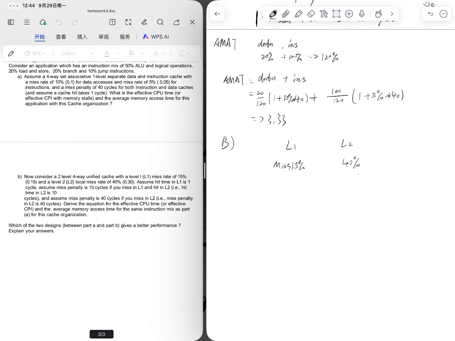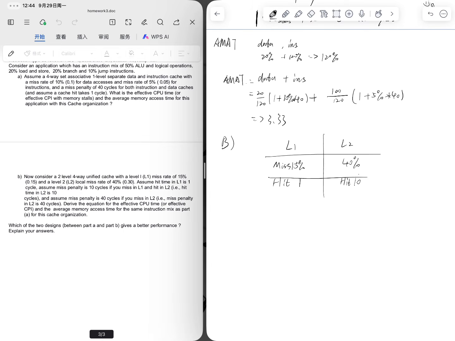The hit time in L1 is 1 cycle, and the hit is 10 cycles for L2, right? Yeah, if we miss in L1 and hit in L2. So this is the data we have, and it's a two level. Assume miss penalty is 40 cycles.